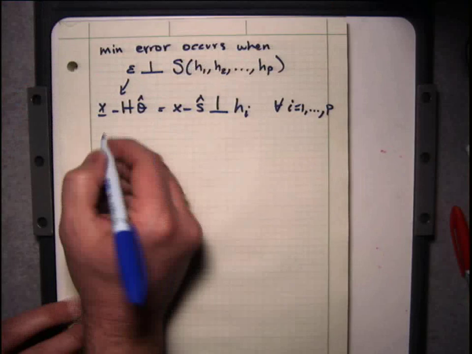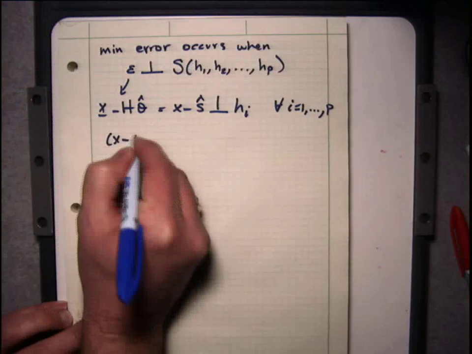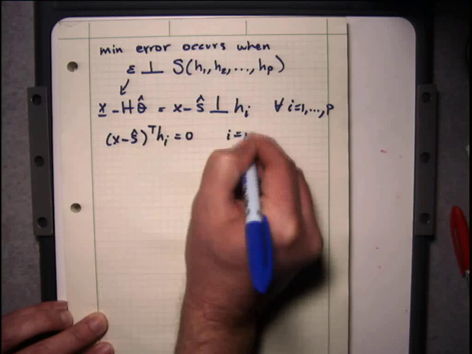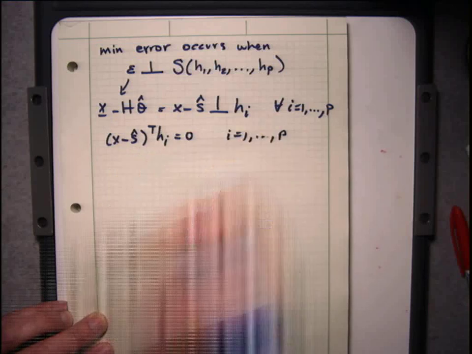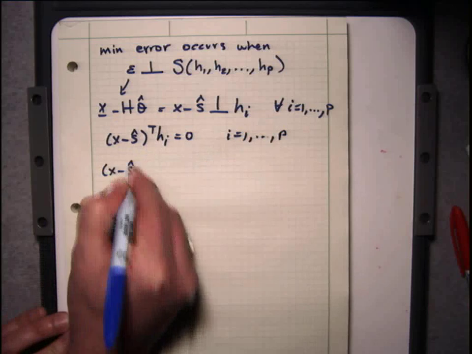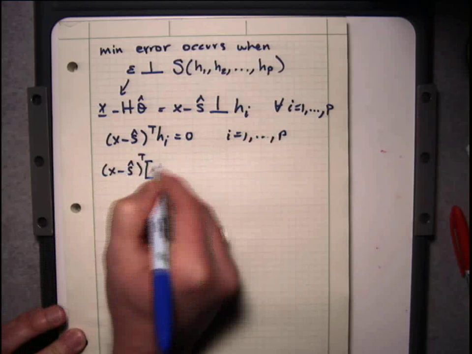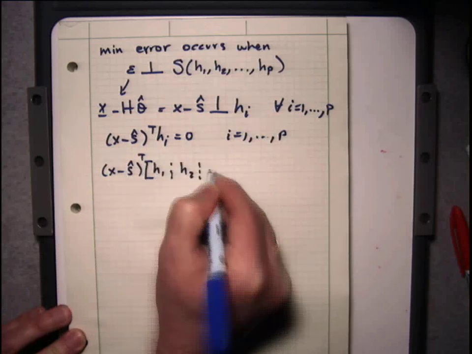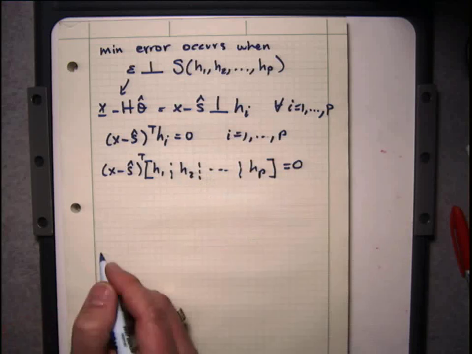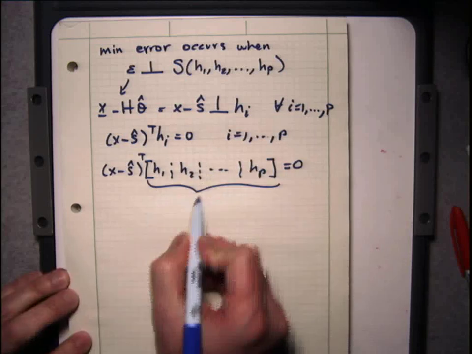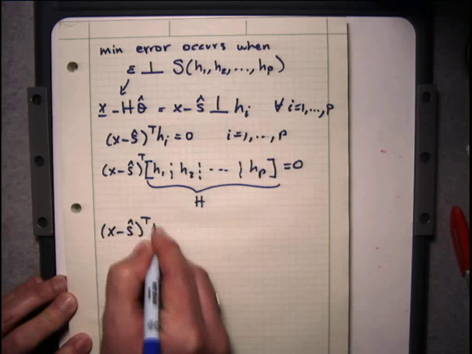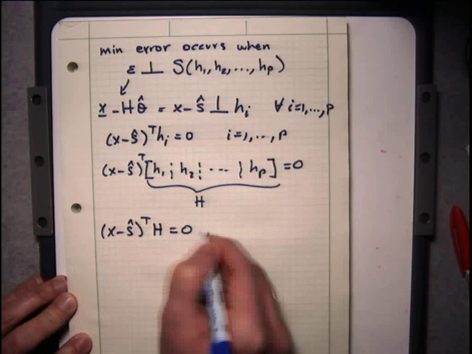And another clean way to write this is (x minus s hat) transpose times h_i is equal to 0 for i equals 1 to p. Right? And a shorthand way of writing this: (x minus s hat) transpose times [h1, h2, ..., hp] is equal to 0. Okay, this is now the whole matrix H. So (x minus s hat) transpose times H is equal to 0.